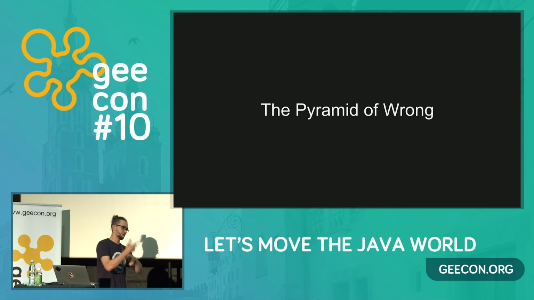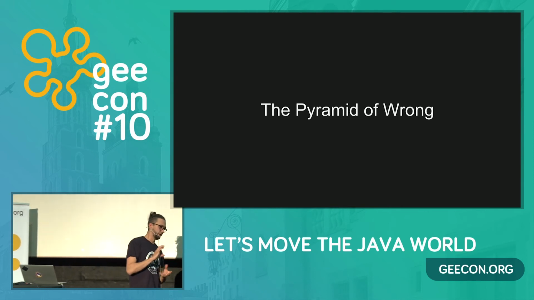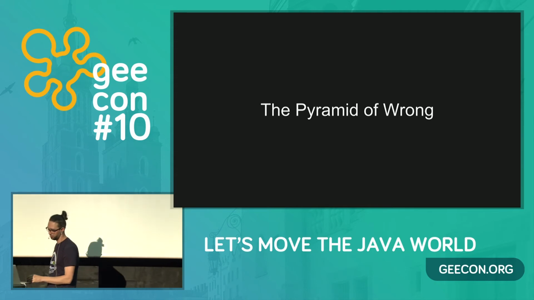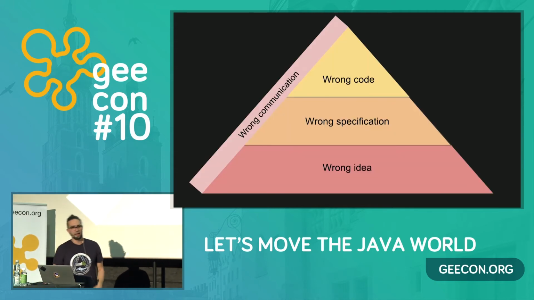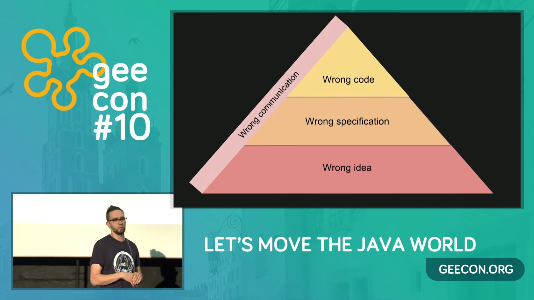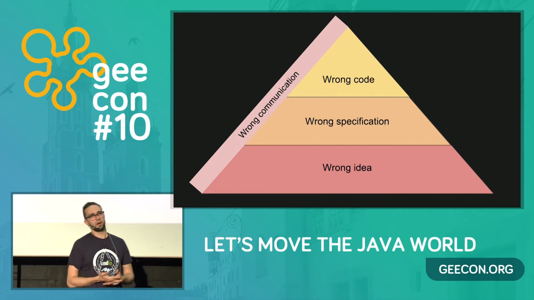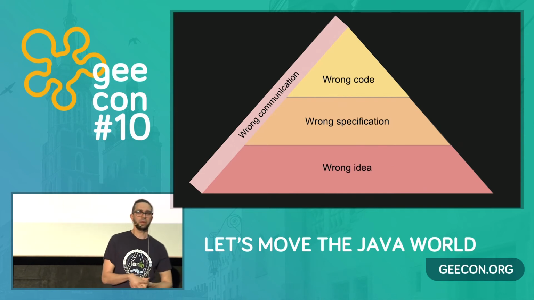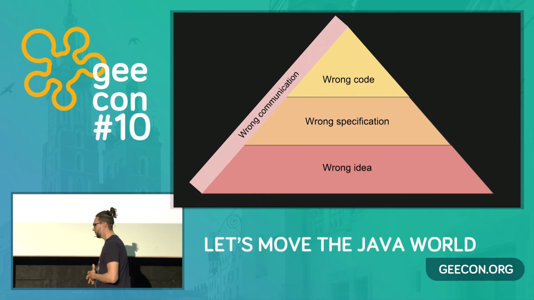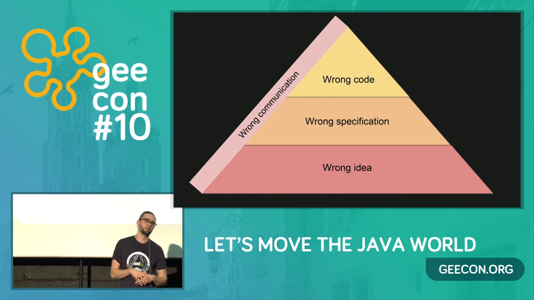And you can see this recursive pattern here. If we see recursive patterns, what do we draw? A pyramid. So what can we do? We can have wrong code, we can have wrong specification, or we can have a wrong idea. What we as engineers tend to focus on a little bit too much is how to deal with wrong code.